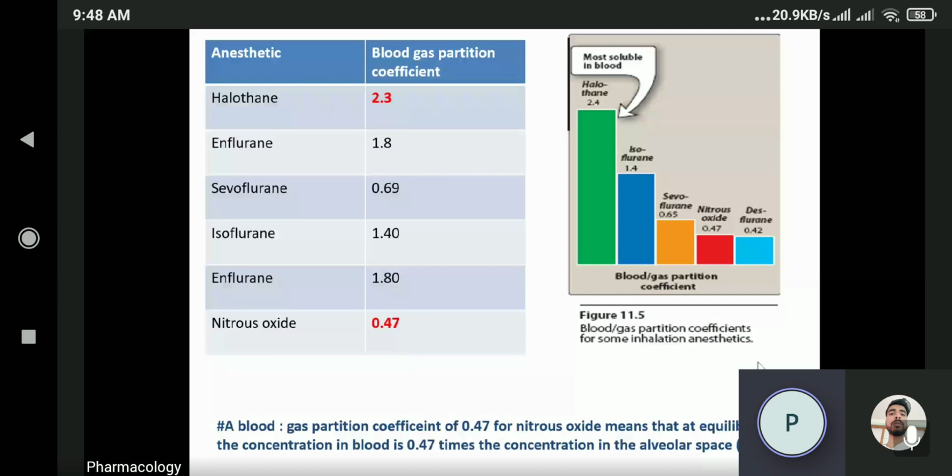That means it will achieve a faster onset of action than halothane, which has a higher blood gas partition coefficient.